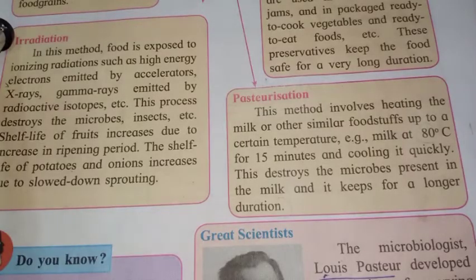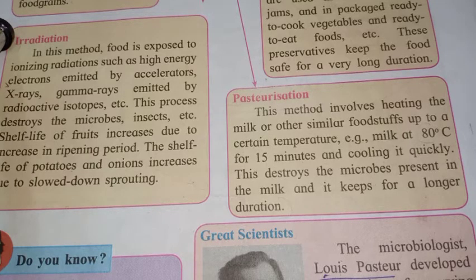Next point is pasteurization. See children, in this method, milk or other similar foodstuffs are heated up to a certain temperature. For example, milk is boiled up to 80 degrees Celsius for 15 minutes and then it is cooled down quickly.